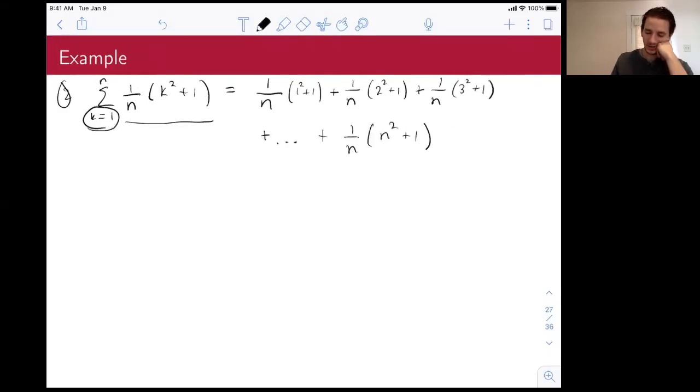So if you want, every single one of these terms has a 1 over n, so you could write the 1 over n out in front, and then you'd get 1 squared plus 1 plus 2 squared plus 1 plus 3 squared plus 1 plus so on and so on plus n squared plus 1.